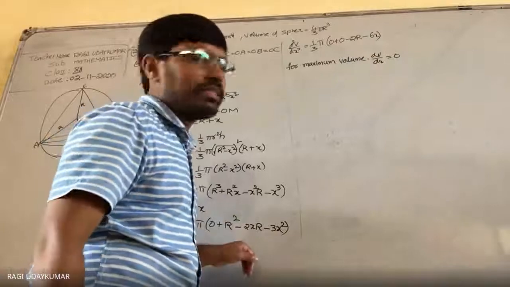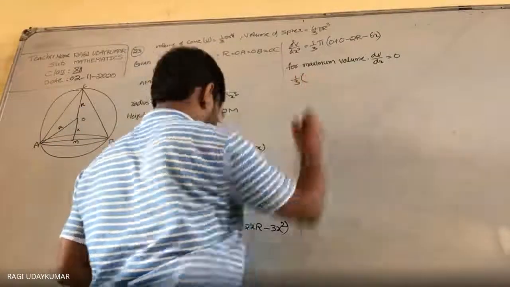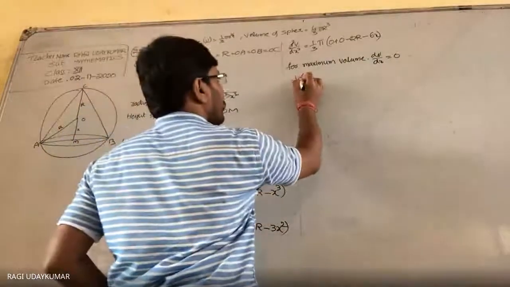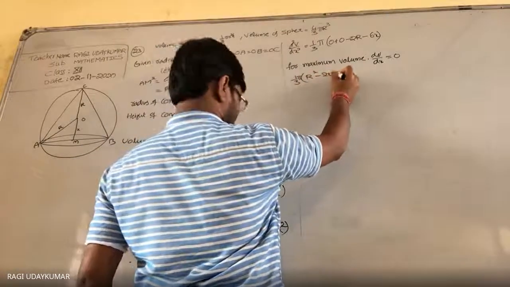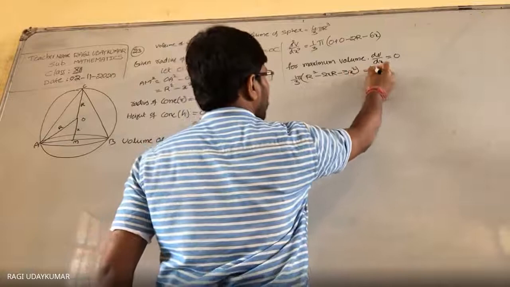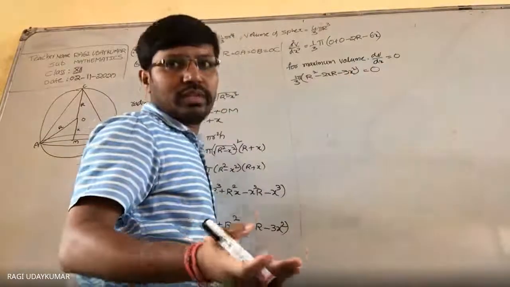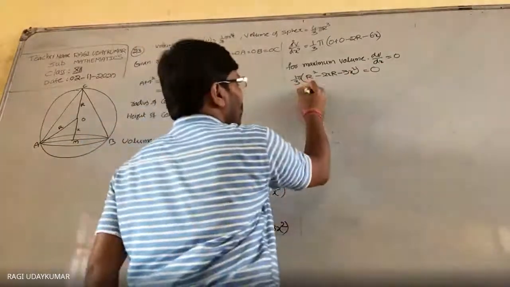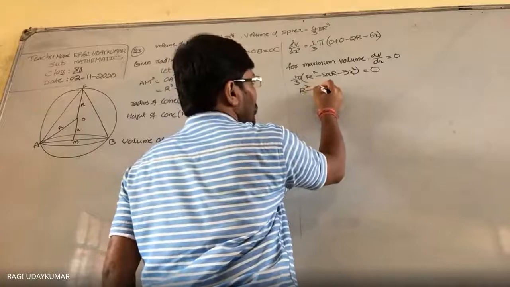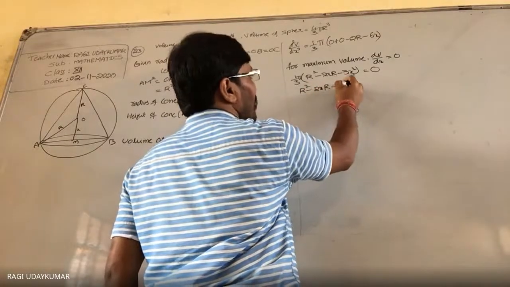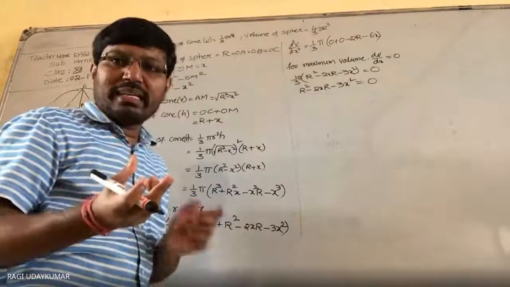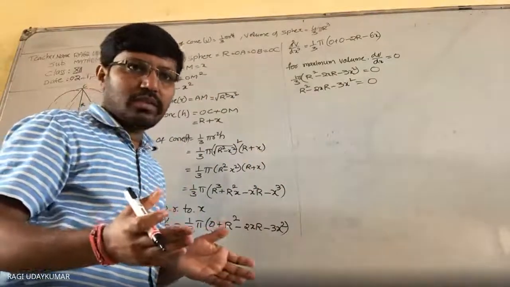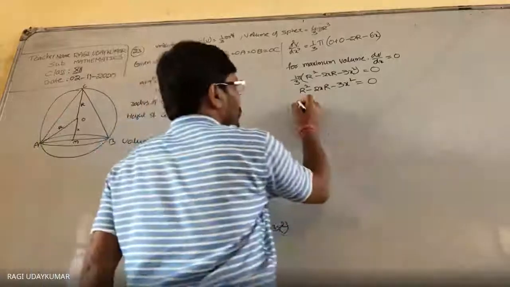So whenever this is equal to 0, 1 by 3 pi times r square minus 2xr minus 3x square is equal to 0, which implies r square minus 2xr minus 3x square is equal to 0. By splitting the middle term into two factors, you can find it in the easiest way.